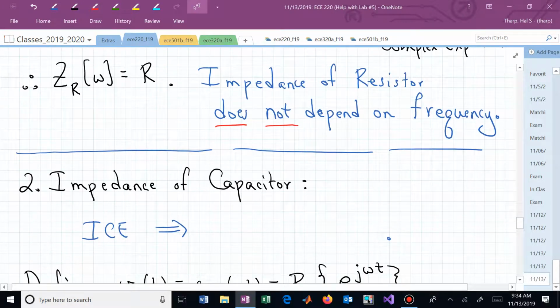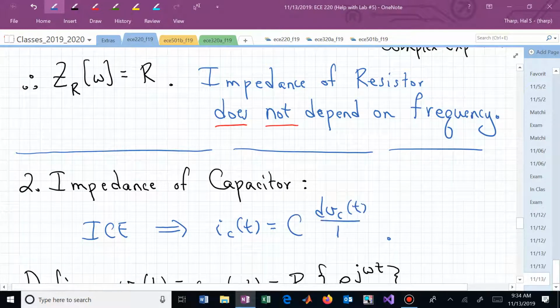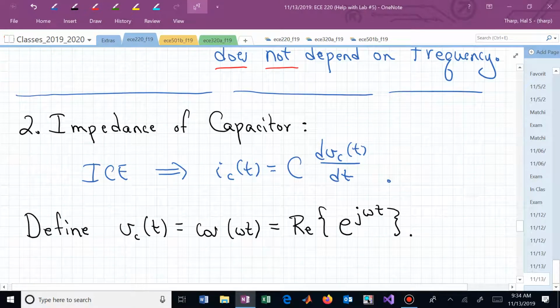Contrast that with a capacitor. We have I sub C of t is now equal to C dV sub C dt. And now we want to define our capacitor voltage in terms of a complex exponential. Now we do have memory.